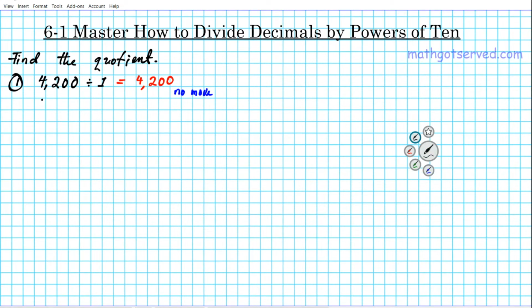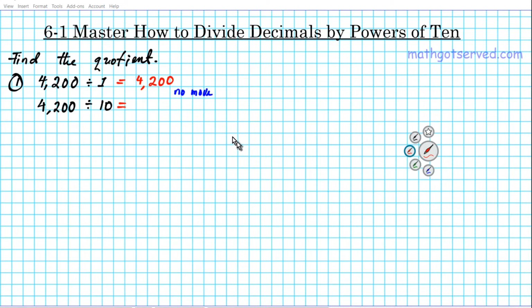What if we have 4200 divided by 10? Now this power of 10 has 1 zero in it. If you think back to our previous lesson, section 4.1, when we talked about multiplying by powers of 10, the rule was the number of zeros tells you how many places to move the decimal point to the right.